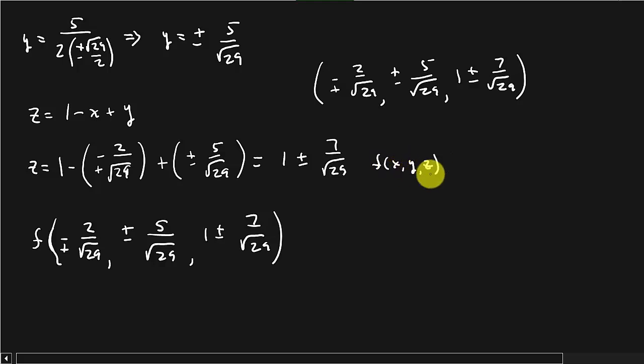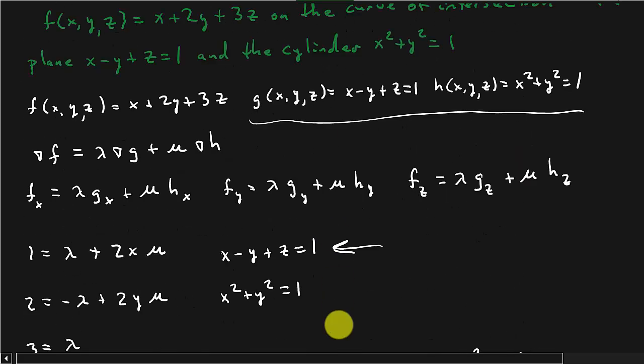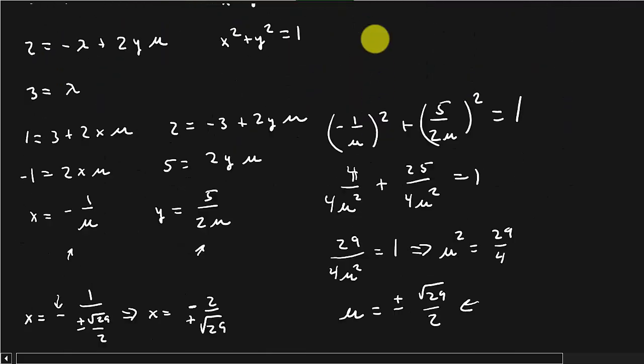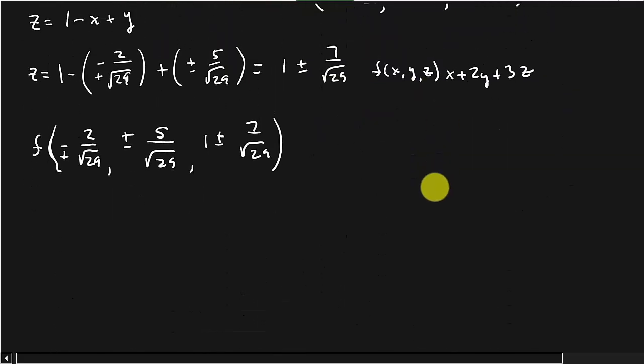And so I need to write my function down again. I think it is x plus 2y plus 3z is our function. Yeah, x plus 2y plus 3z, that's our function. And so I'm going to take this and plug it into here.